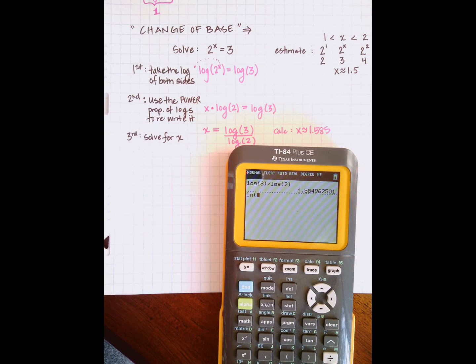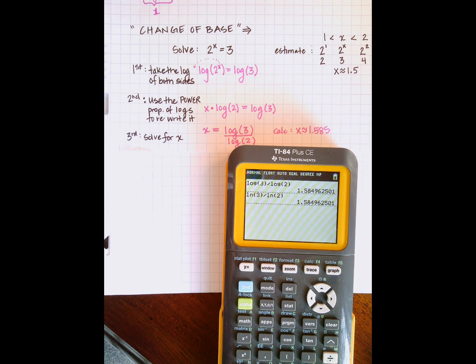If I took the ln of 3 divided by the ln of 2, I get the exact same solution, 1.58496. This is what is known as the change of base formula, where you take the log of both sides, you use the power property, and then in essence you're now solving for the exponents. Logs are incredibly powerful because they knock down exponents.